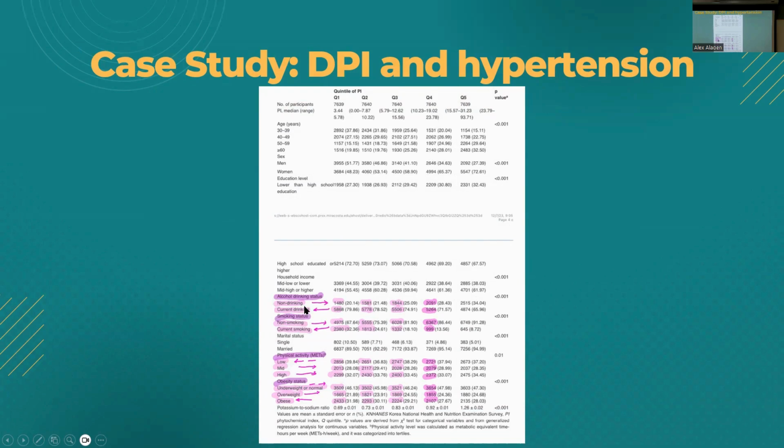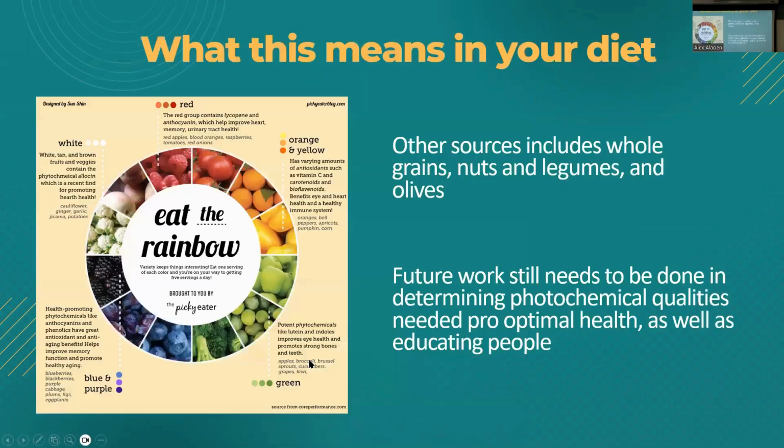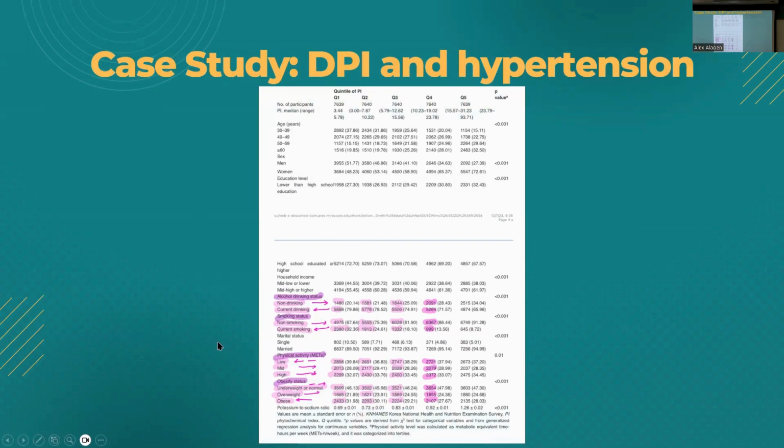As you can see, phytochemical intake increases with non-drinking and non-smoking patients. And it's also related to the amount of physical activity and your obesity levels. And there was a high prevalence of hypertension in the quartiles that were low in phytochemical consumption.